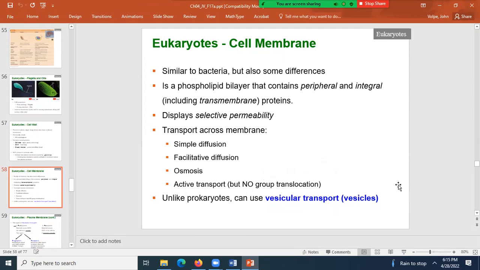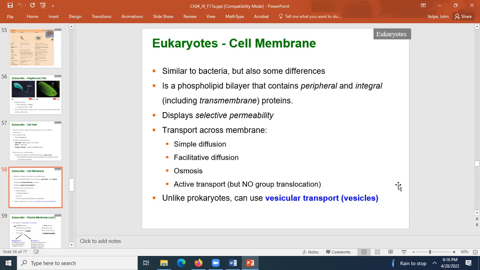The cell membrane of eukaryotes is similar to bacteria, though there are some differences. The main molecule of the cell membrane is the phospholipid, and the phospholipids get together to form a bilayer, and it does contain peripheral and integral proteins, including transmembrane proteins.